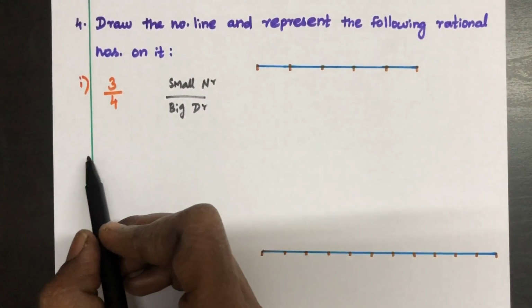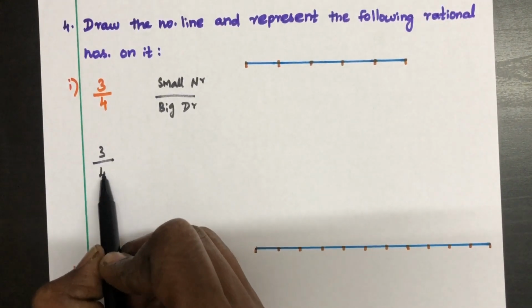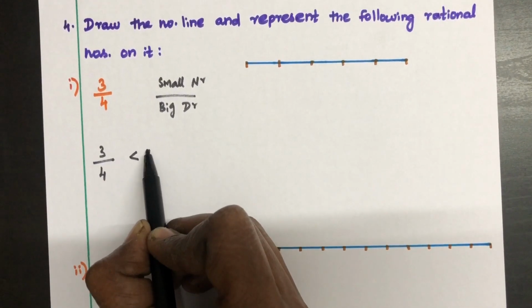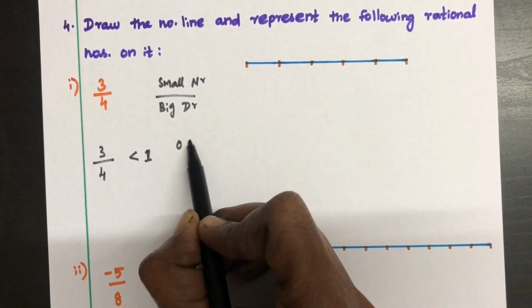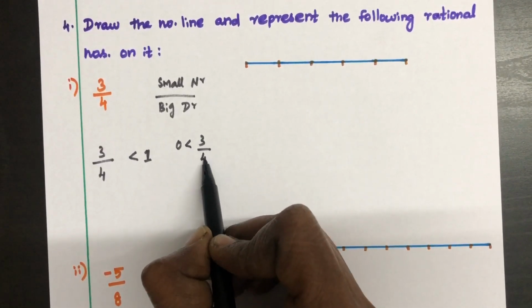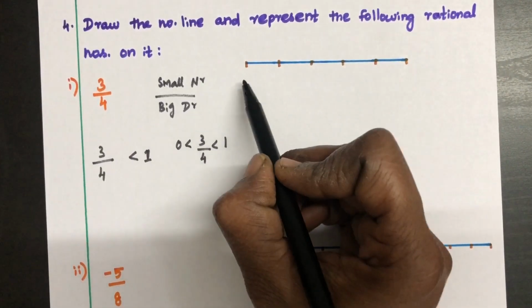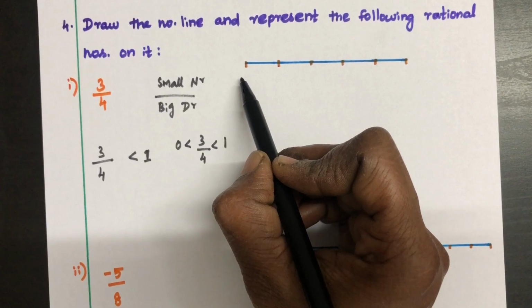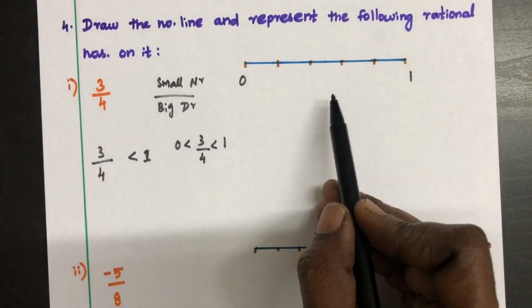If it is a proper fraction, the value of this 3 by 4 must be less than 1. That means it lies between 0 and 1. This is the range. So here we should have 0, here it must be 1. In between only this 3 by 4 will come.